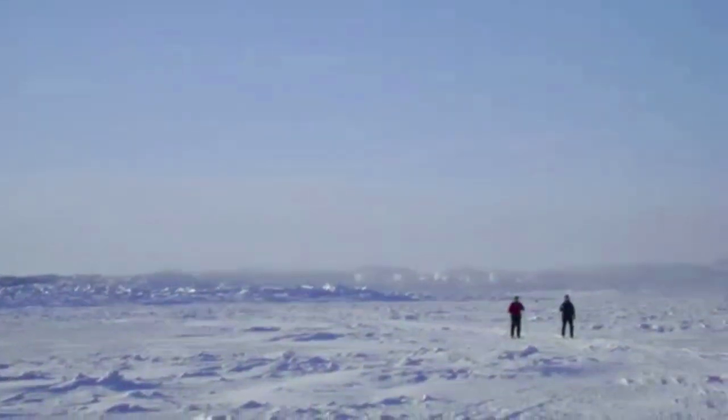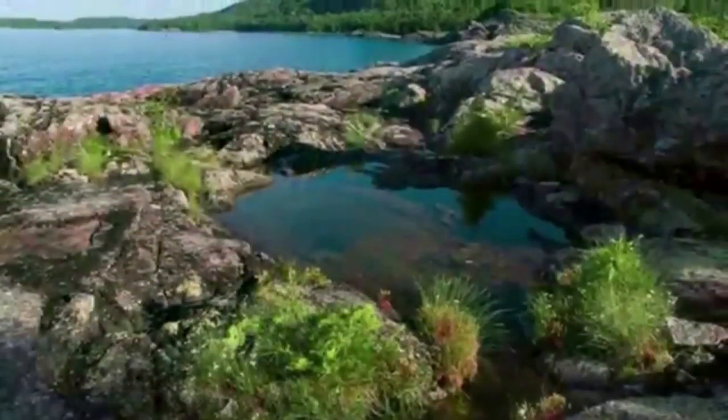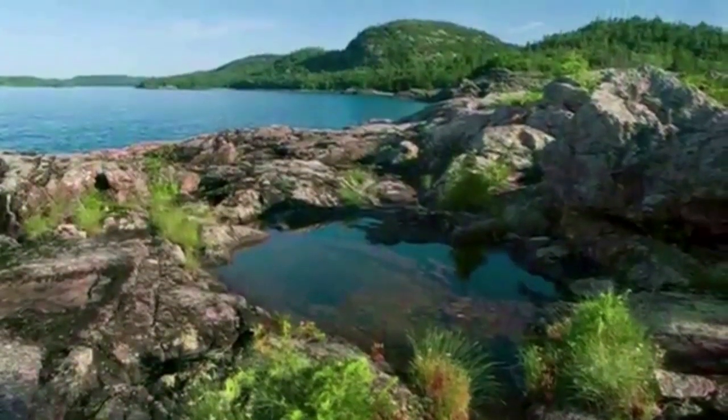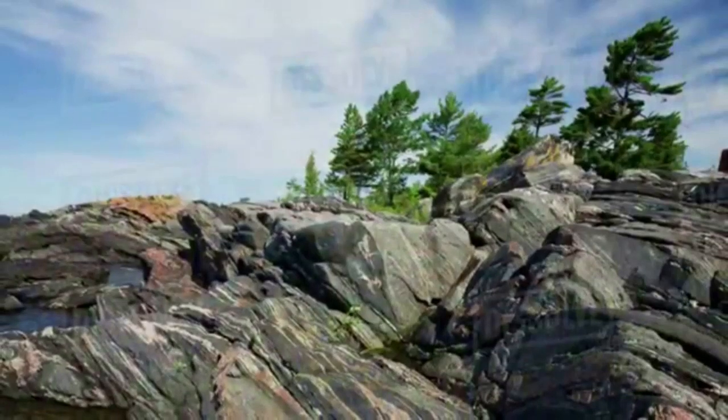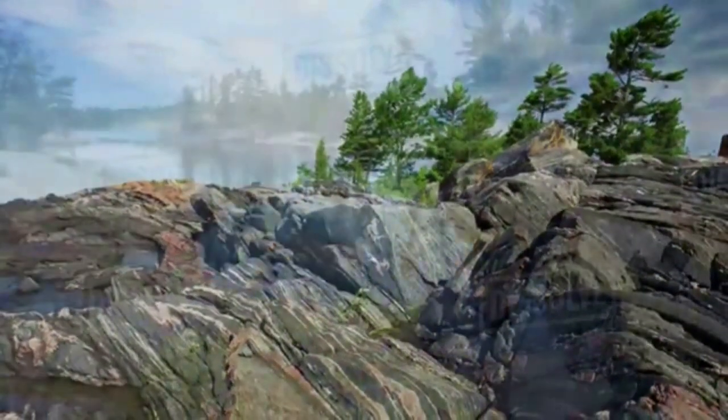While the northern areas of this region are frozen and barren, the Canadian Shield we know in Ontario is a very rocky place with rolling hills and limited, poor soil.